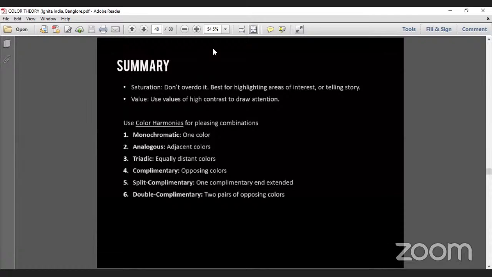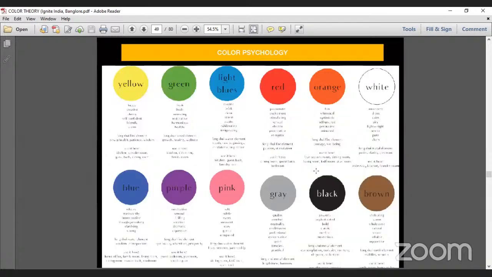We have the monochromatic color scheme, and the analogous color scheme, which in one phrase is adjacent colors. Triadic is equally distant. Complementary is opposite. Split complementary is one complementary and extended. Double complementary is not required at all.